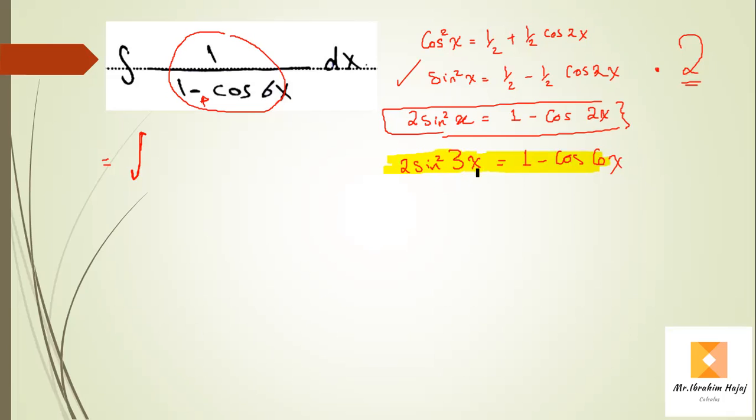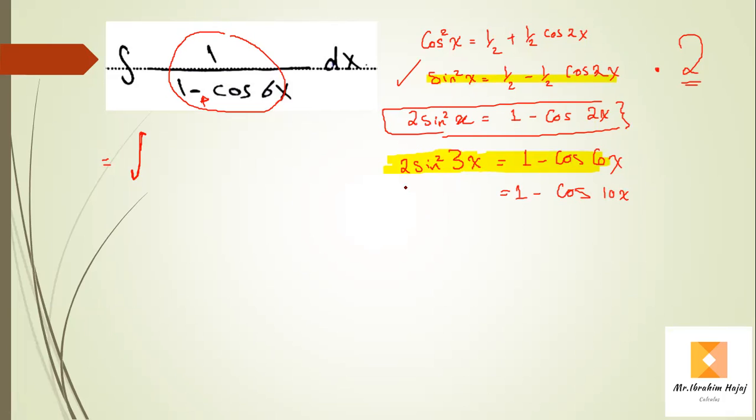Again, I worked on the identity sine squared x equals 1/2 minus 1/2 cosine 2x. I tried to get 1 minus cosine 2x, or 1 minus cosine 6x, or 1 minus any other cosine angle, for example 1 minus cosine 10x.